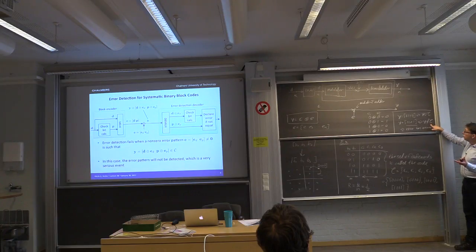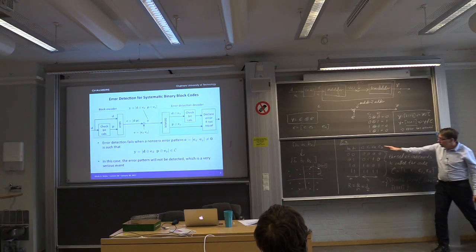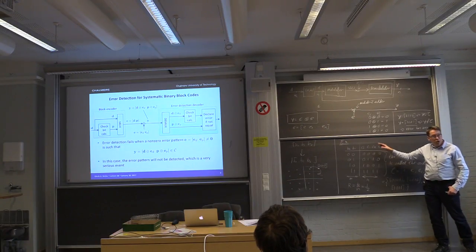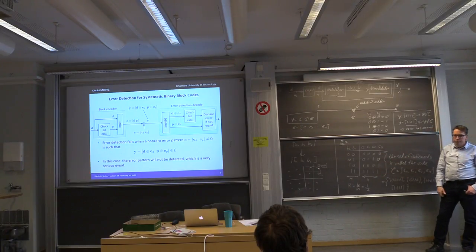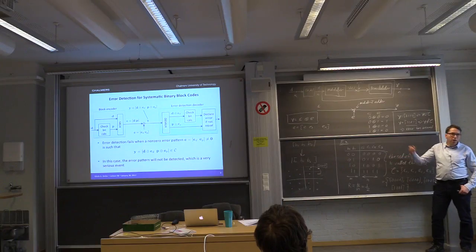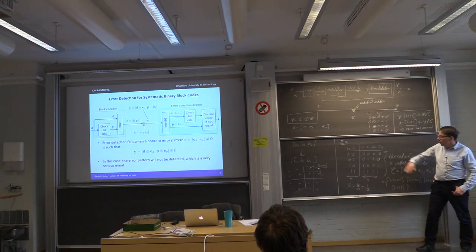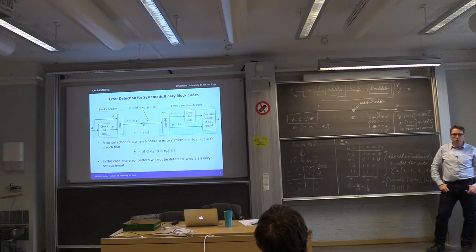So can we find a reasonable way to check whether we have a code word or not? Well, for a small code like this, we could just search the code, right? But the number of input bits could be huge.